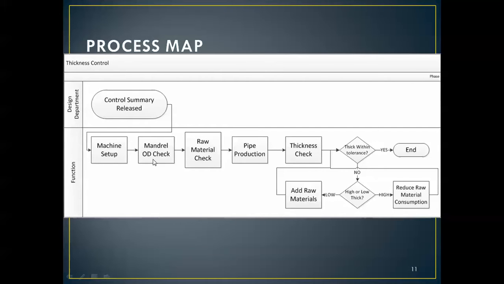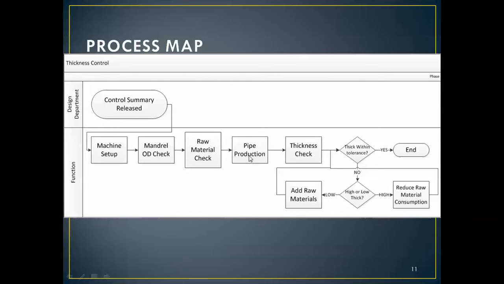After that, my department, which is the QC, will check the mandrel outside diameter to confirm that it is matching the required pipe ID, which is the inside diameter of the pipe. After that, before production, we check the raw materials like resin and sand, so that we make sure that it is good for use.